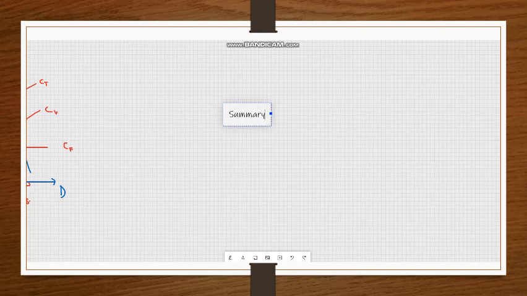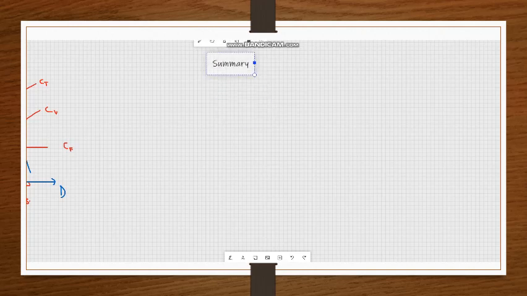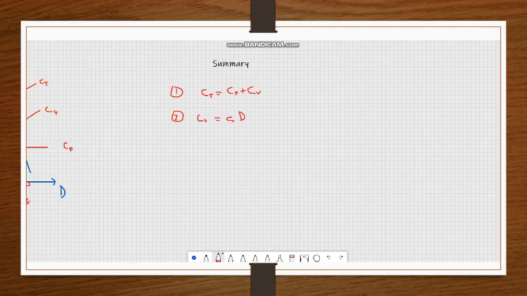Let's review or summarize these formulas. We have seen just three formulas, right? The first one is, the total cost is equal to fixed cost plus variable cost. Number two, variable cost is the unit price multiplied by the demand.